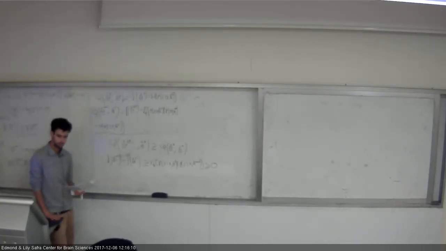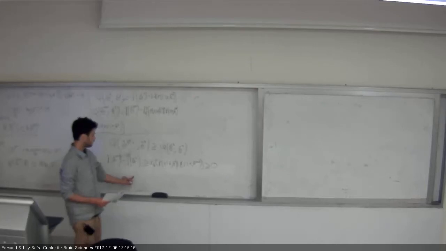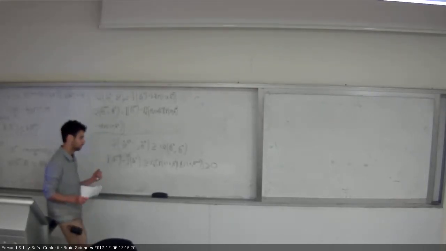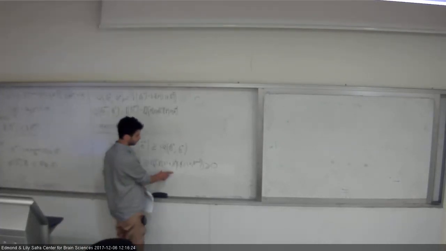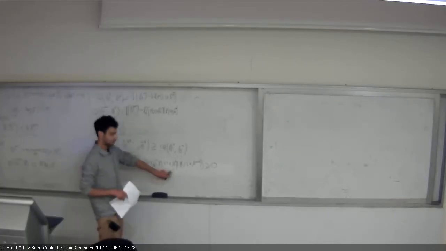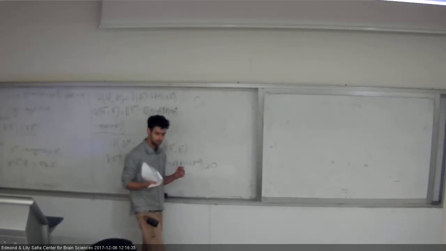Is it clear? It's nice because it tells you how much you improve in each step: by the DKL, the difference between z given x and theta hat at time t and z given x and theta hat at time t plus 1.